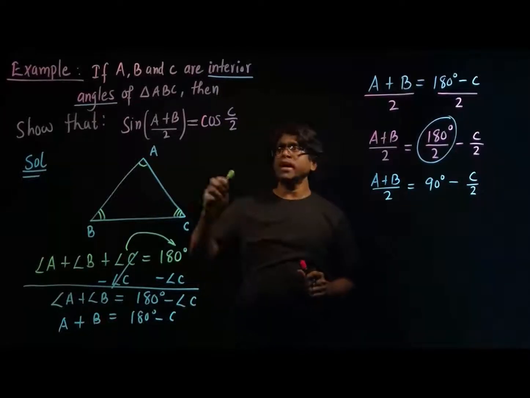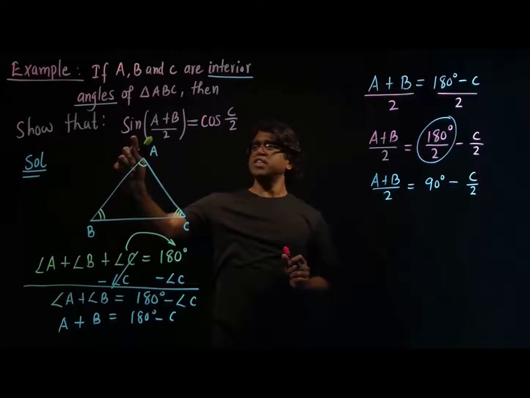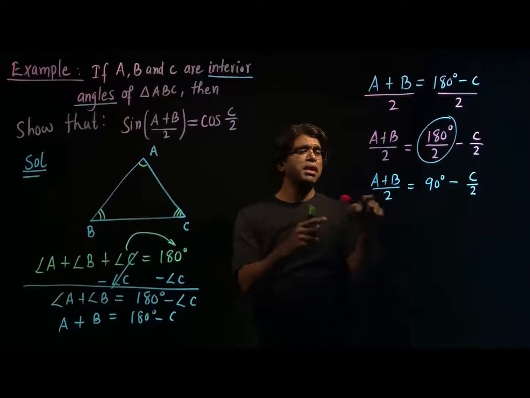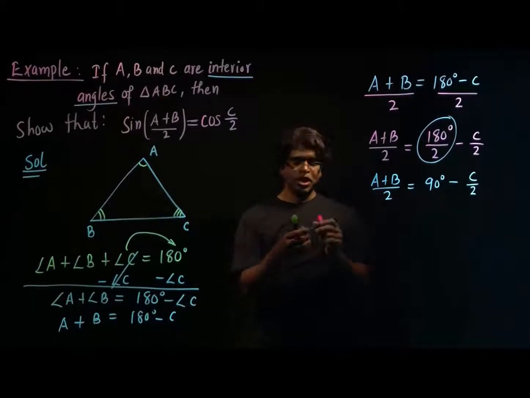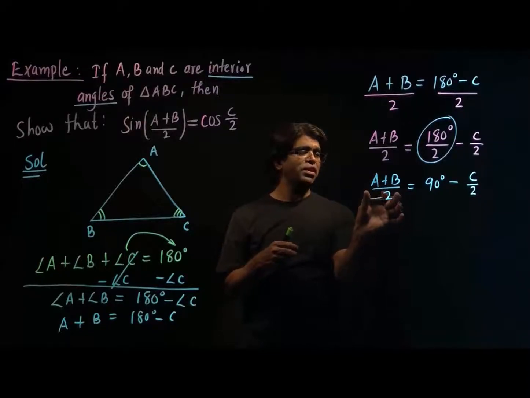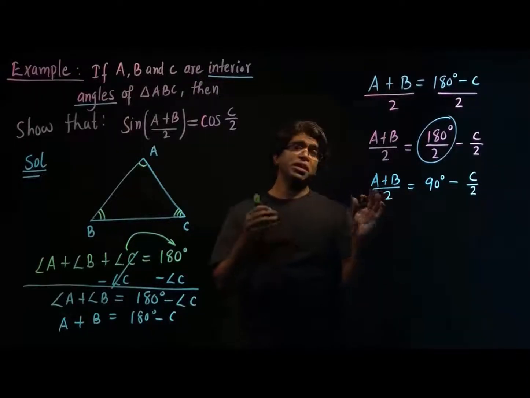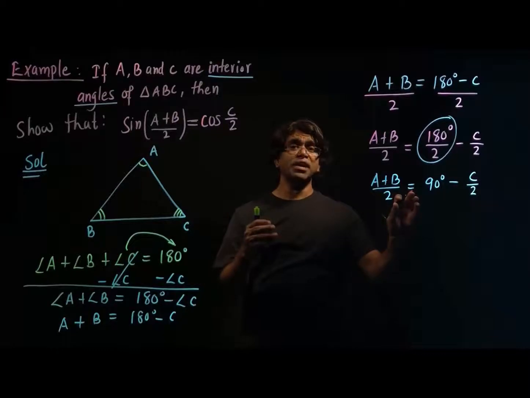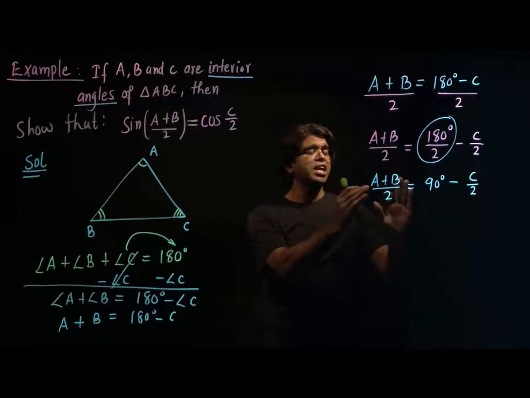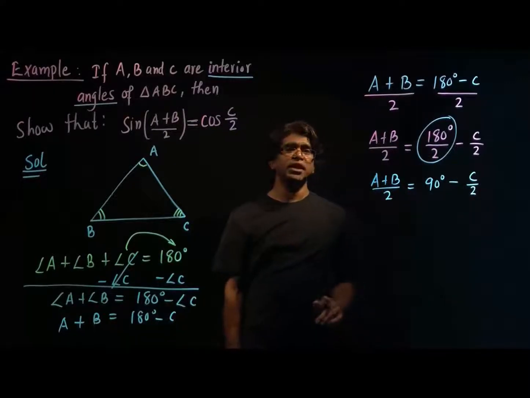Now let's go back and look at the question. The question is, I need sine (A plus B) over 2. So I got my (A plus B) over 2, but I'm missing sine. So I can add sine in front of (A plus B) over 2. But the thing is, I have an equal sign right here. So if I add sine on this side, I need to add sine on the other side too.